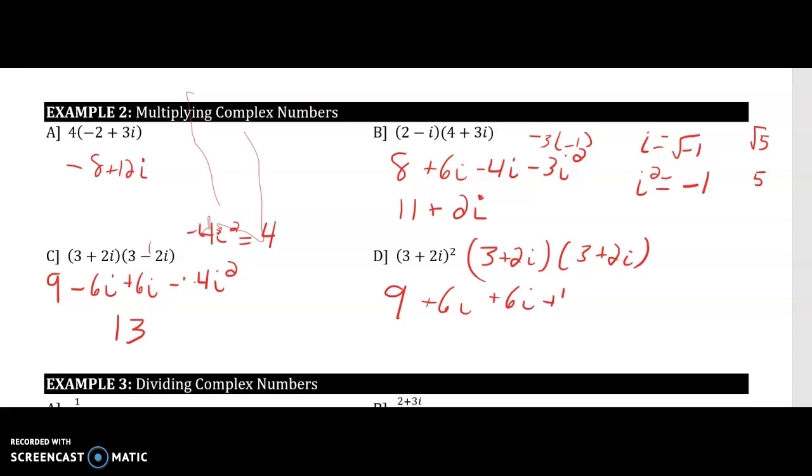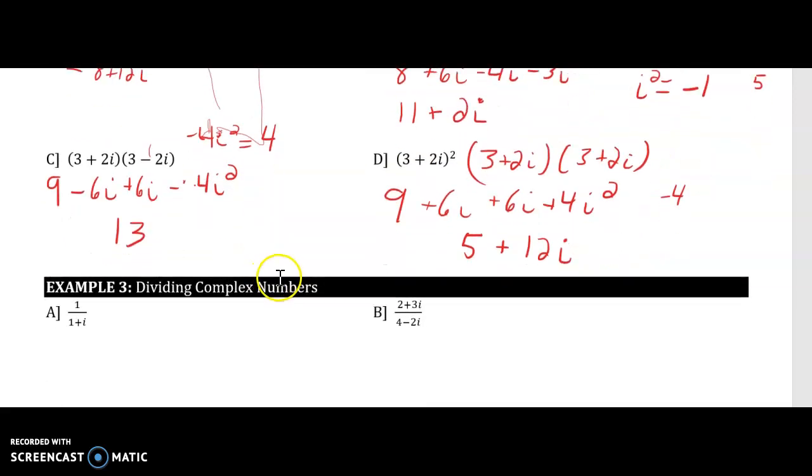The last gives me 4i squared. So seeing the i's, that's going to give me 12i. What does this give me? That is equal to negative 4, because this is negative 1 times 4, which is negative 4. Add those together. 9 and negative 4 is 5.